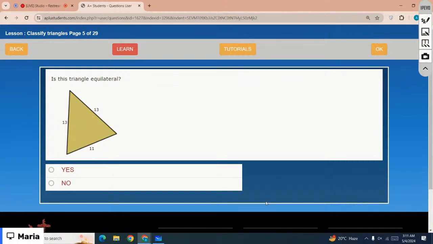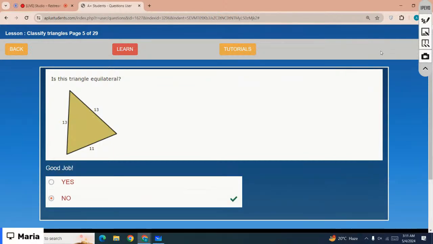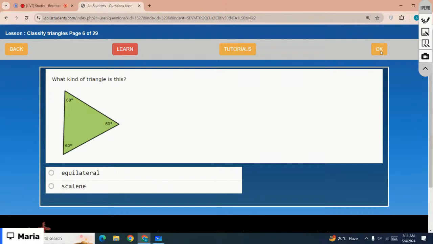Because one of the sides is different in measurement. The correct option is no. What kind of triangle is this? Which is the correct option?